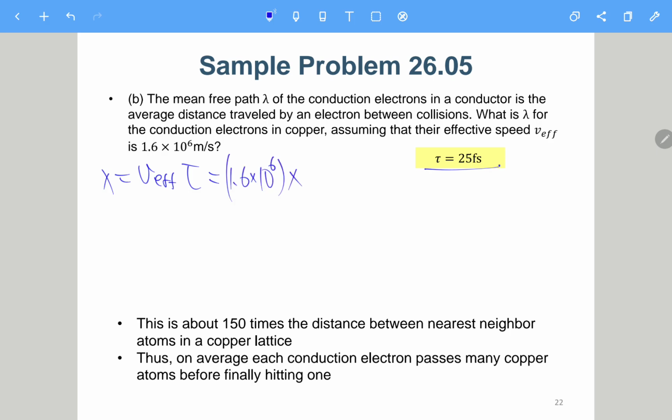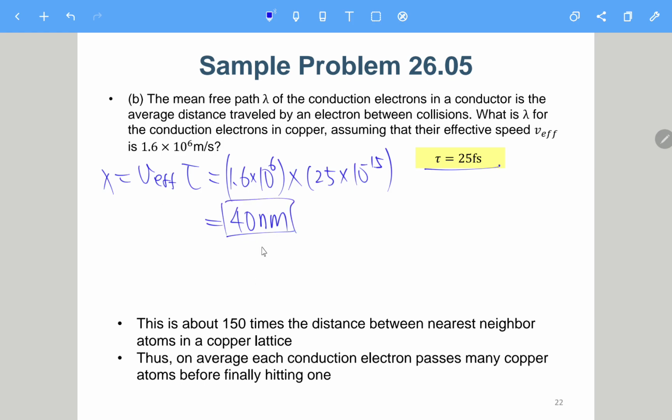For this sample problem, the calculation is really easy, but based on this number, it tries to let you know some physics. So 25 times 10 to the minus 15, this one is 14 nanometers. Not that small.